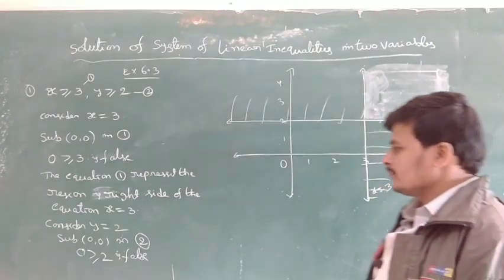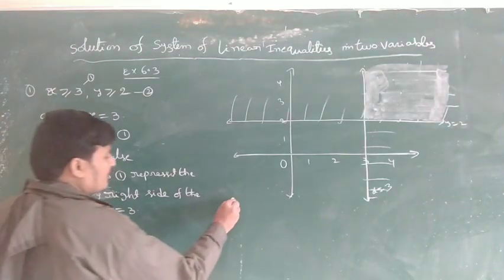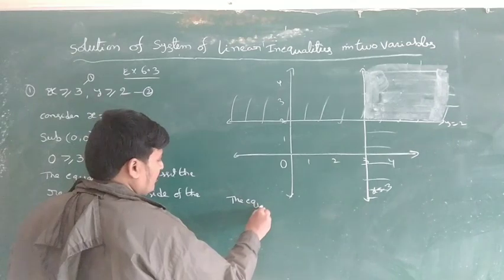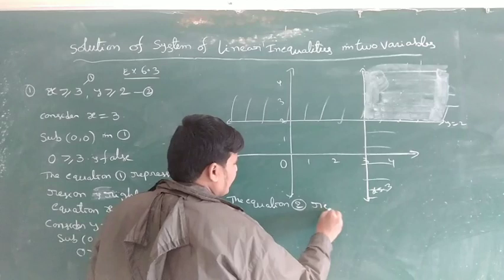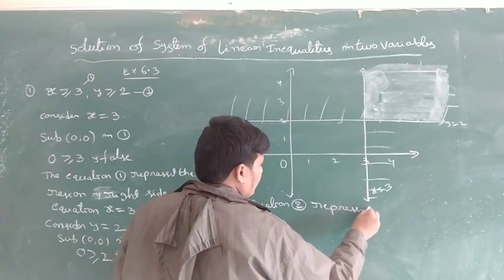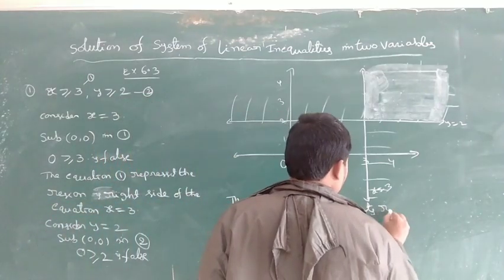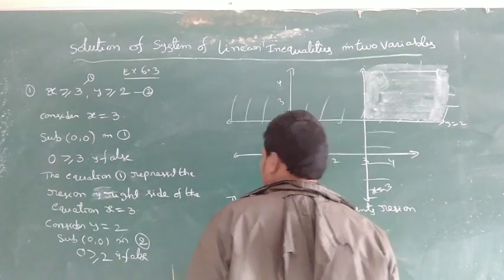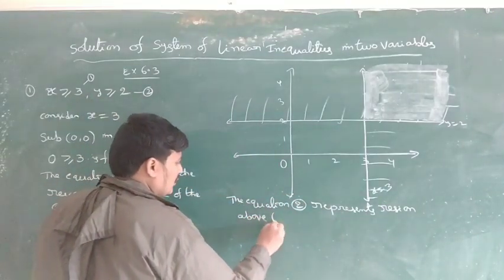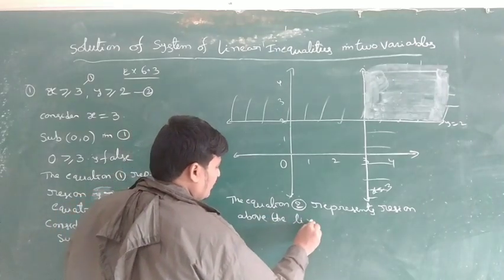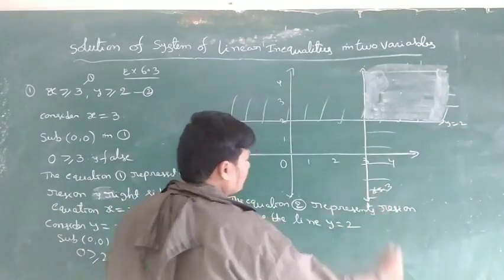This one. So 0 greater than or equal to 2 is false. So what is the matter? The equation y greater than or equal to 2 represents the region above the line y is equal to 2.